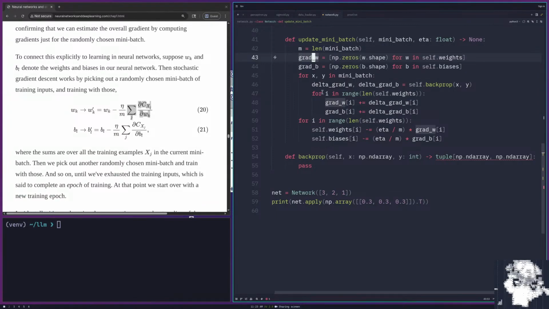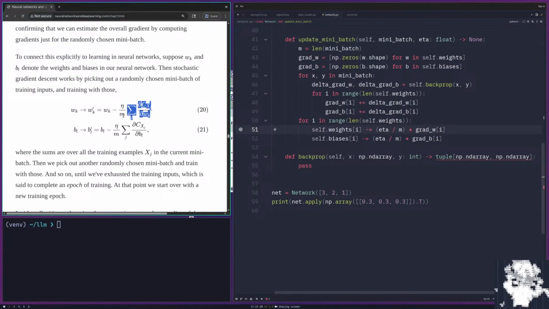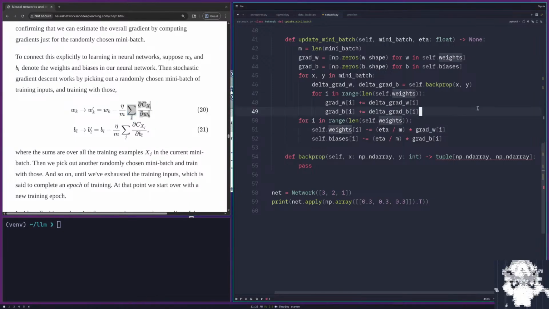Then we add the contribution from each example in the mini batch. Then we multiply this thing by eta over m and subtract that from what the weights used to be.